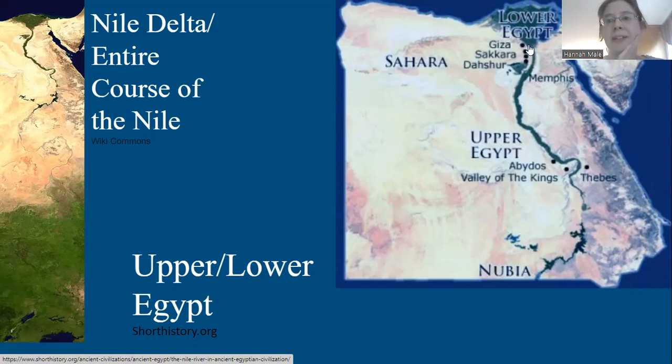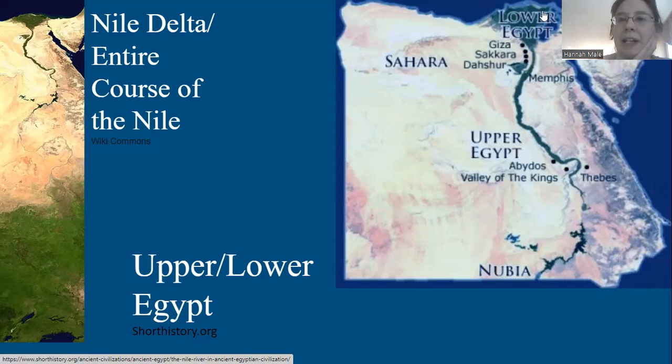So again, this is the Nile River. This is what the Egyptians called Nubia, which is modern day Sudan. Up here in the Delta region is Lower Egypt, and it's lower because of the way that the Nile runs. So lower is actually up, and upper is down.